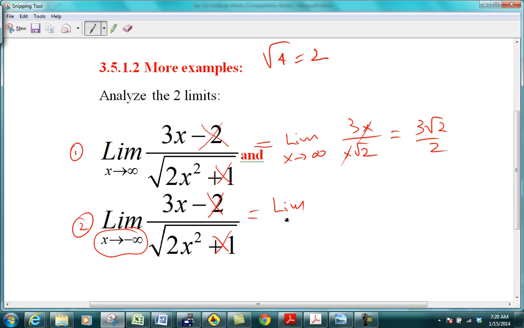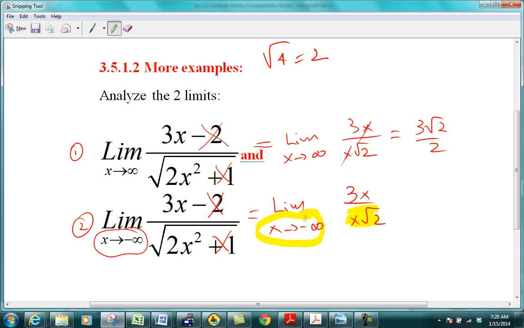So if I do the same kind of analysis that I did for the previous question, then this becomes limit x goes to minus infinity of 3x over, now here's the trick, okay, this is x root 2. Well, if you take a look at me just writing like that, then there's an issue, because if I look at the quantity down here at the bottom, and you look at x going to negative infinity, meaning that all x values are negative, then the denominator is negative.